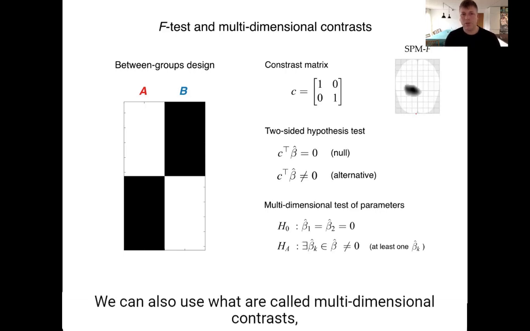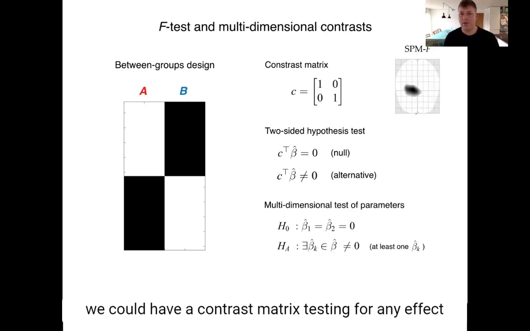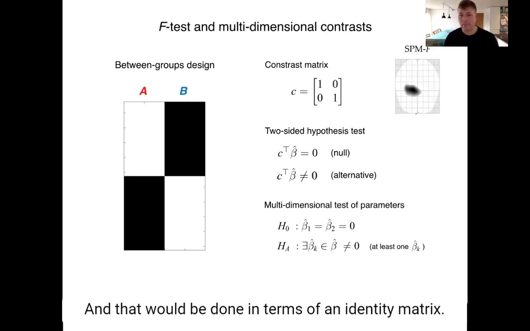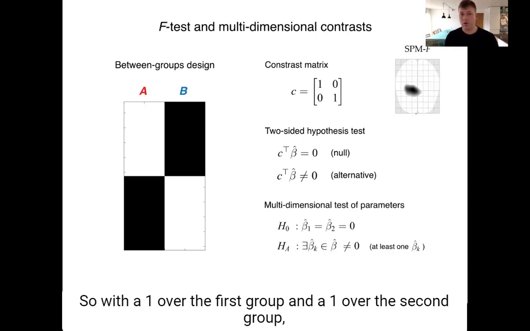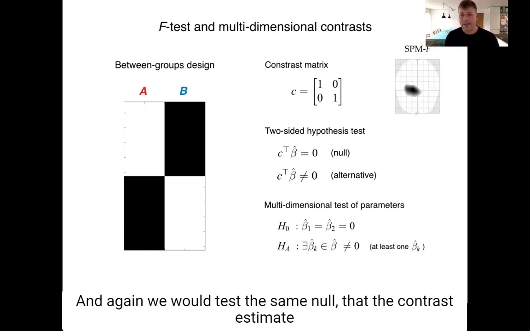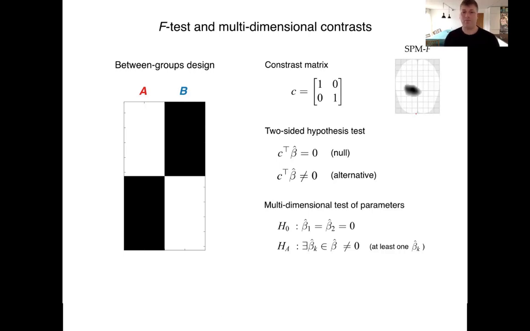We can also use what are called multidimensional contrasts. And again, for the same design here, we could have a contrast matrix testing for any effect of the design, and that will be done here in terms of an identity matrix, so with a 1 over the first group and a 1 over the second group, with ones on the diagonal. And again, we would test the same null, that the contrast estimate is equal to 0, where the alternative would be that it's different from 0.